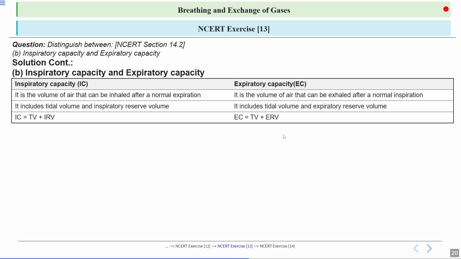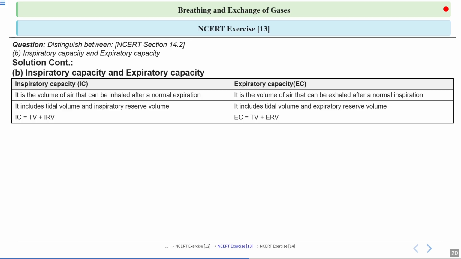And you can solve some numericals also if it is asked in the examination on the basis of this. For this, you have to remember the formulas. You have to remember what is the meaning of capacity, what is the volume. When there is volume, it is not a combination of two things: tidal volume, inspiratory reserve volume, ERV, expiratory reserve volume, and the residual volume, the four different types of volumes.